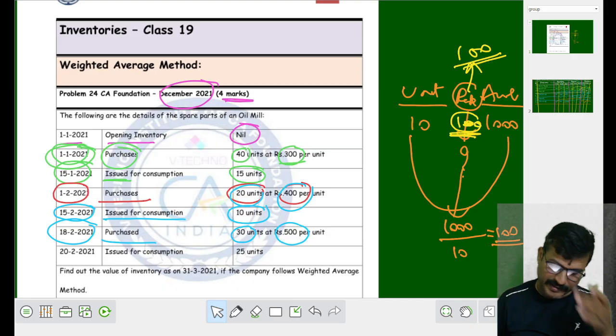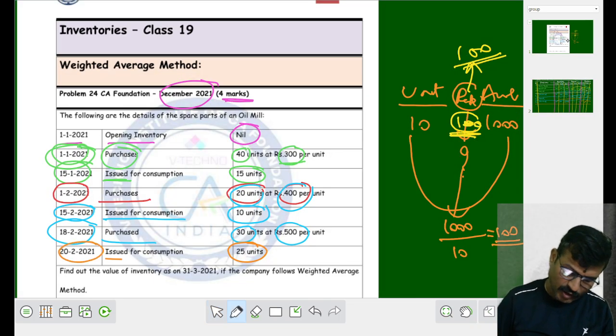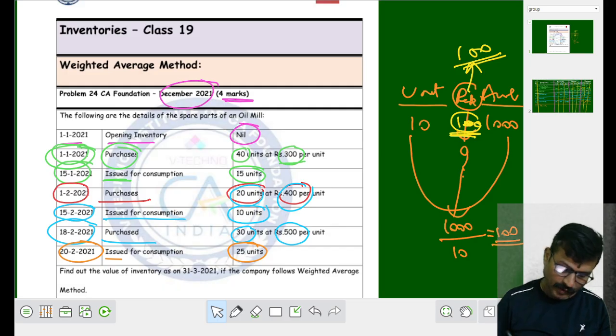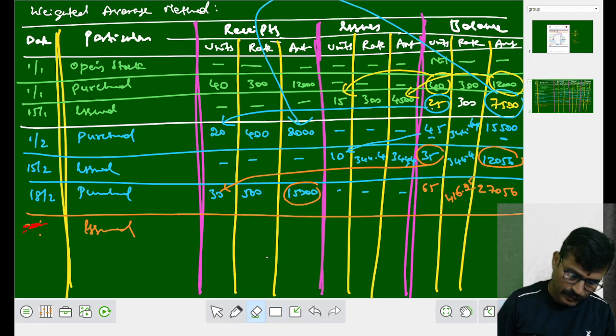Now see the last transaction, issue. How many units? 25. On what date? On 20th February. It is on 20th February issued.